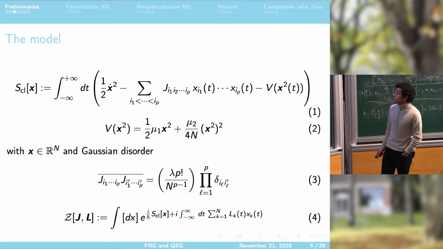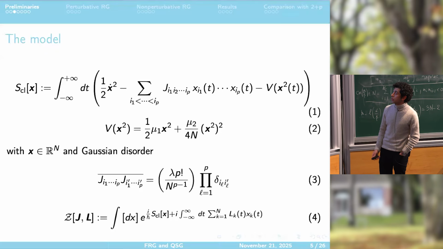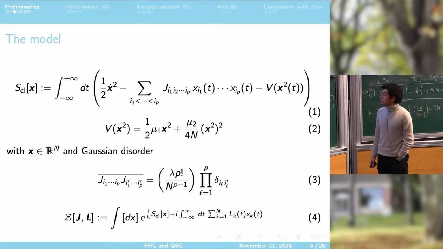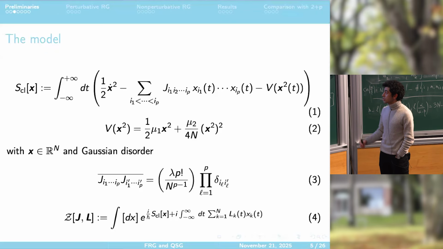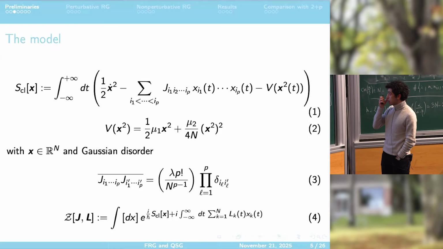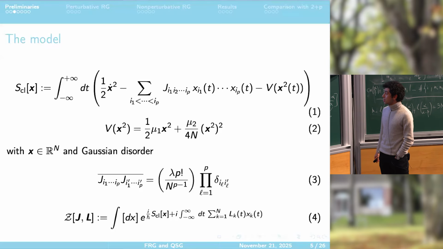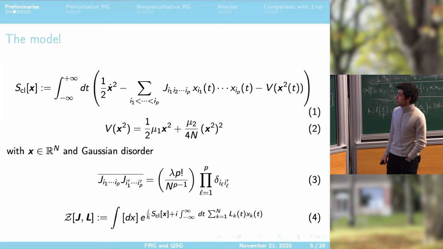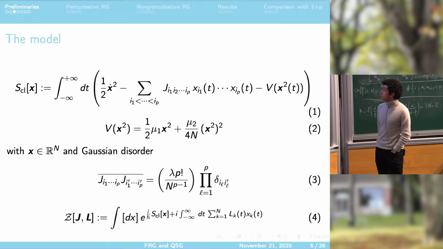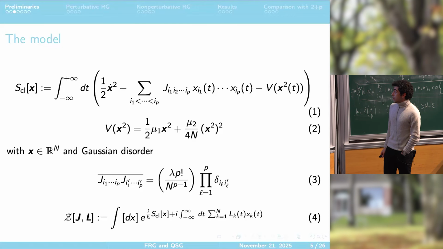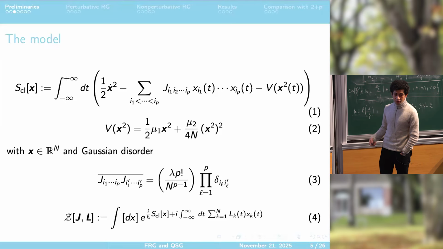And then we have the main part, which is the disorder, indicated by the coupling of the field to this p-tensor J. This is a random tensor with Gaussian entries. Each entry is a Gaussian centered random variable, and the covariance of the entries is given by equation 3. As you can see, there's this lambda, which is basically the strength of the disorder.